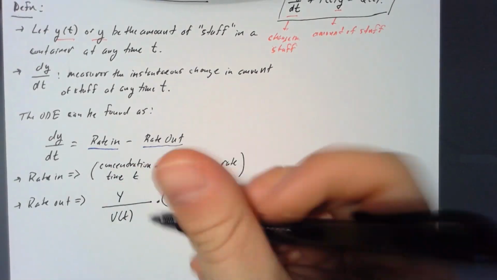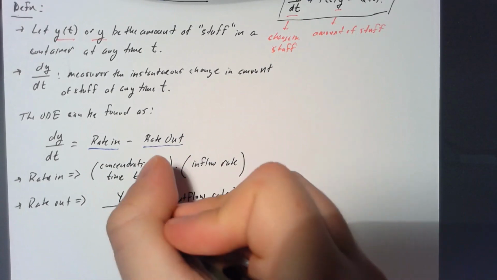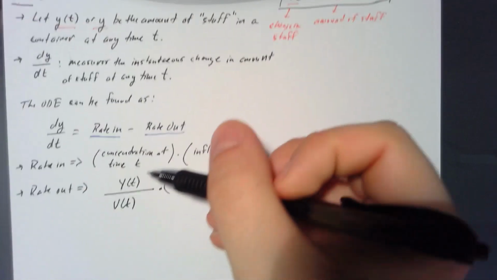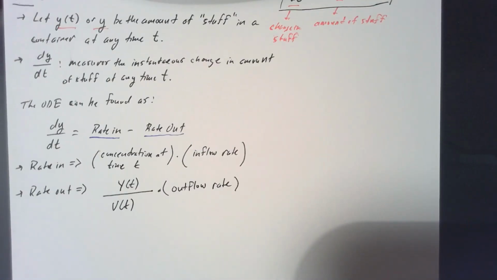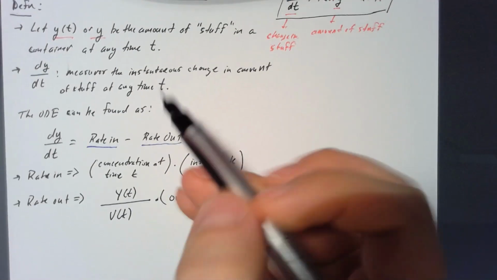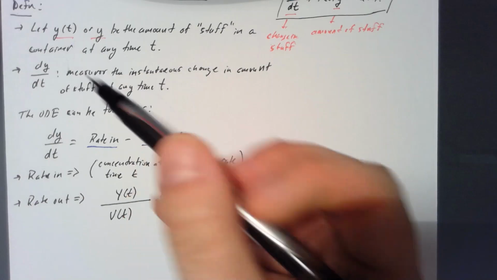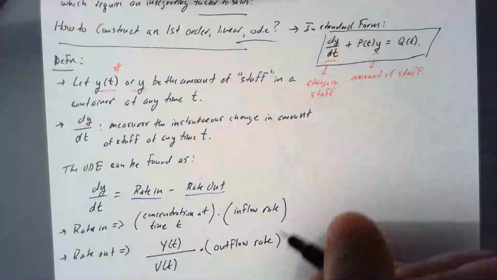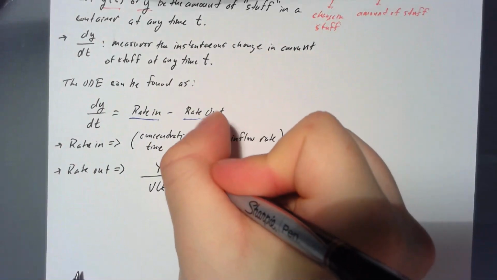And technically this could be y of t as well. So remember, what does y of t represent? That's the amount of stuff at any time. We defined it right here. So if I were to put a star on this, that's the star right here.